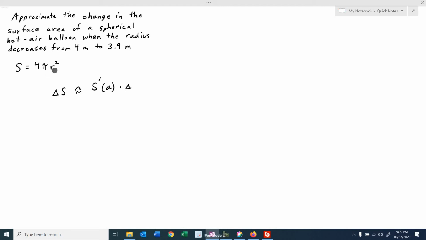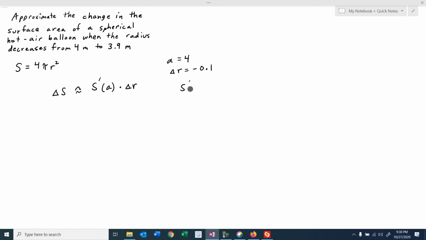The input variable is called r here, so it's a change in the radius, a change in the x value. So a is 4, because that's where we start off. It's our beginning radius. And then the change in the radius would be negative 0.1. It's negative because it's decreasing. So that's our delta r.